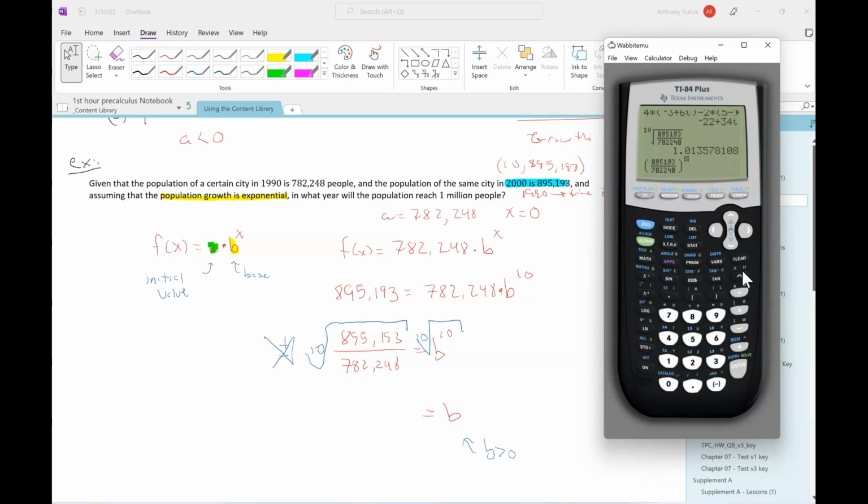So a 10th root is the same as a 1/10 power. So I could also type it in as the fraction to the 1/10, and I'll get the exact same number. Either way of doing it is fine. They mean the same thing. So that's how you type that into your calculator. Is everybody okay with that? Hopefully ringing some bells.